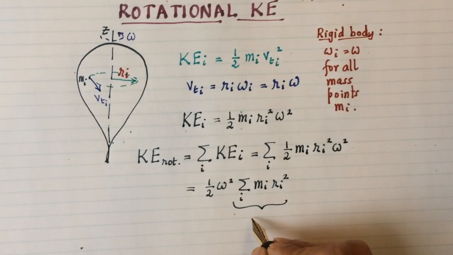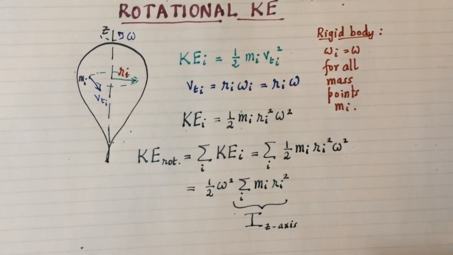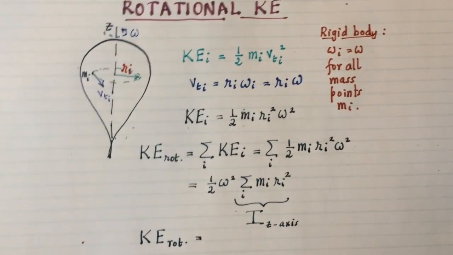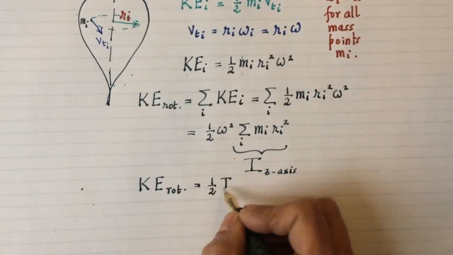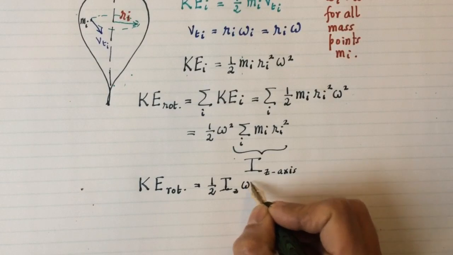This is called the rotational inertia, I, moment of inertia about the z-axis. So I'll write it out in full. So this gives us a very nice compact looking formula. The kinetic energy of rotation is equal to 1/2 I_z omega squared.